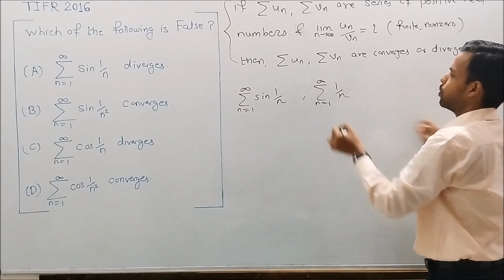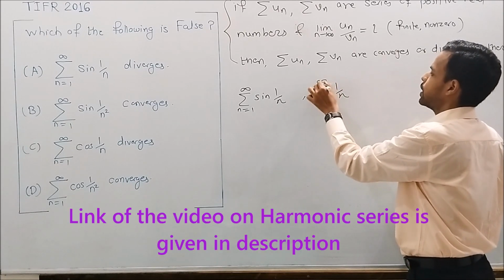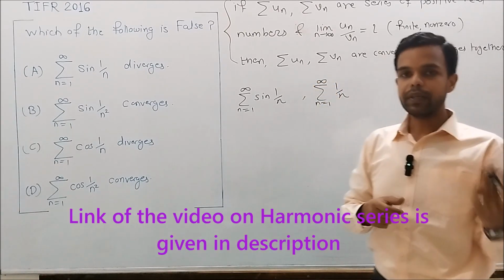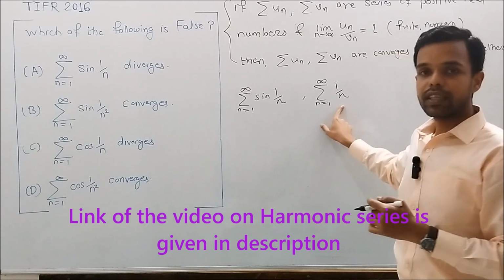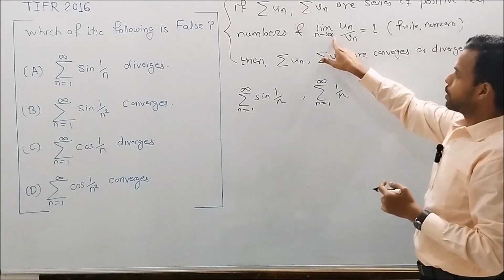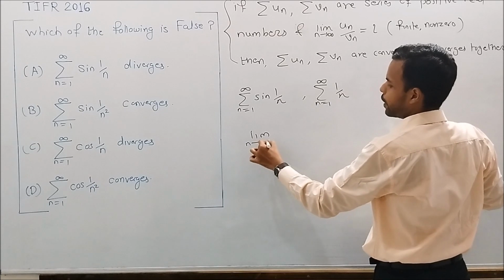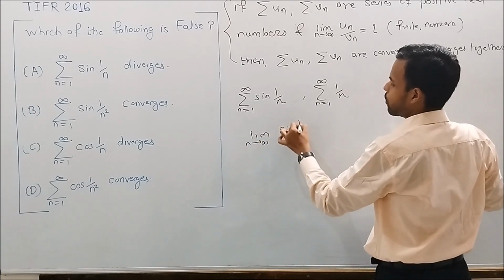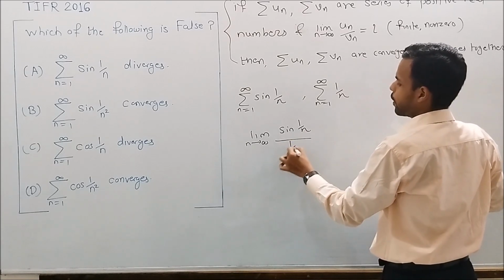We know this is the harmonic series, and as we have seen in our previous video, it is divergent and diverges to plus infinity. Now let's compute the limit as n tends to infinity of sine of 1 upon n over 1 upon n.